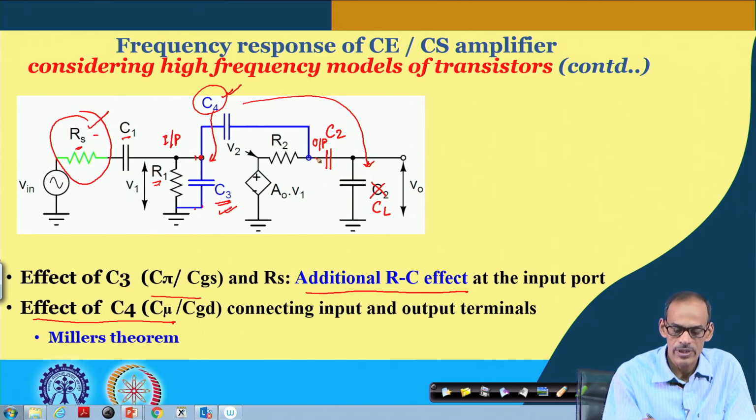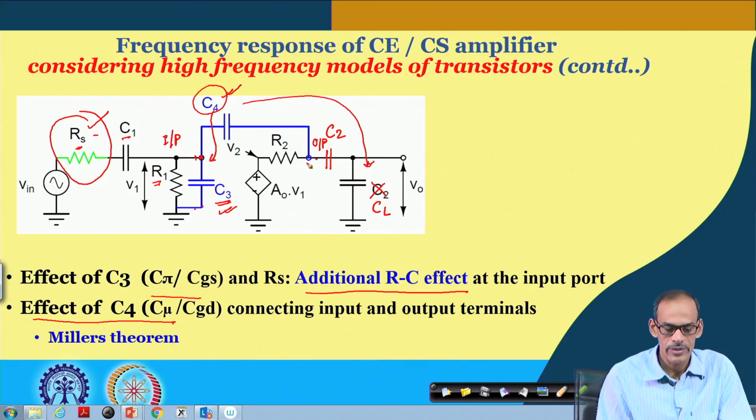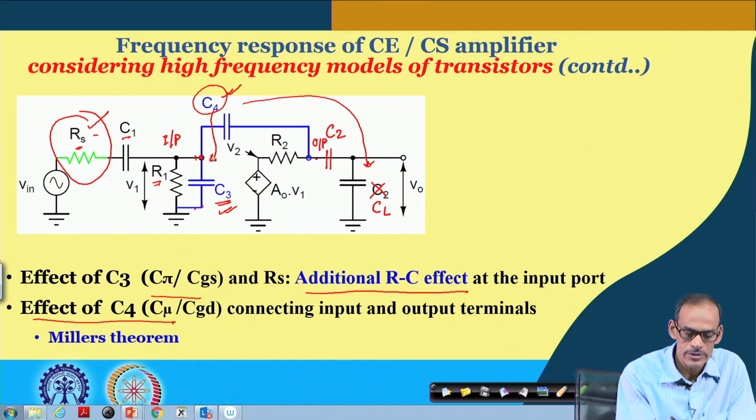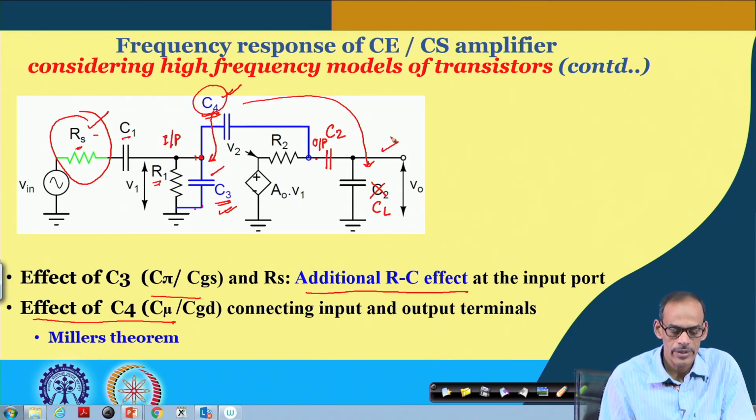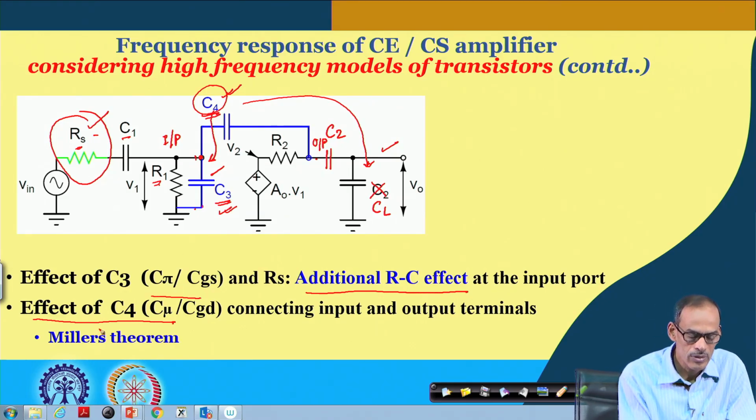Either we can consider here or here. This splitting of C4 into one for the input port and another for the output port is normally done by a theory proposed by Miller, commonly known as Miller's theorem.